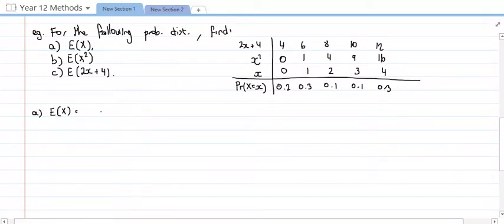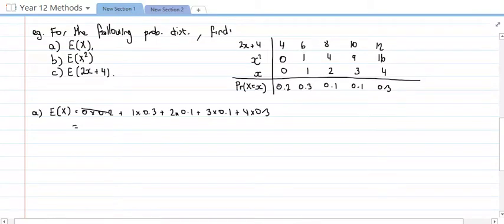So that's just done by multiplying the X with its probability. So we've got 0 times 0.2 plus 1 times 0.3 plus 2 times 0.1 plus 3 times 0.1 and then plus 4 times 0.3. And we evaluate that. Well, that first part's just gone.